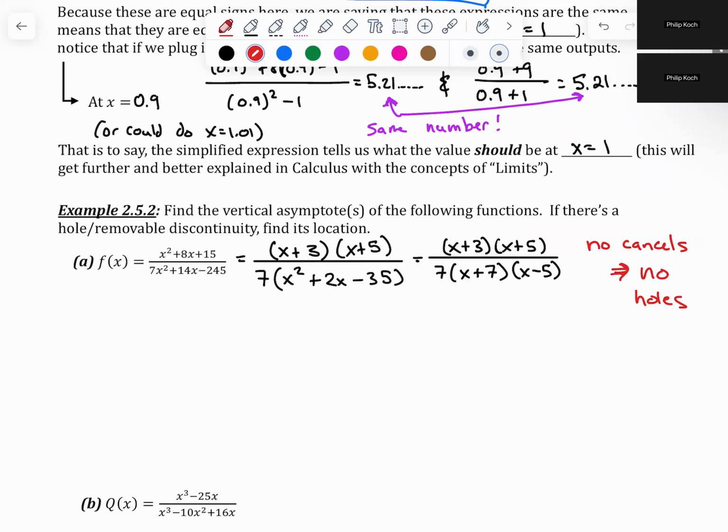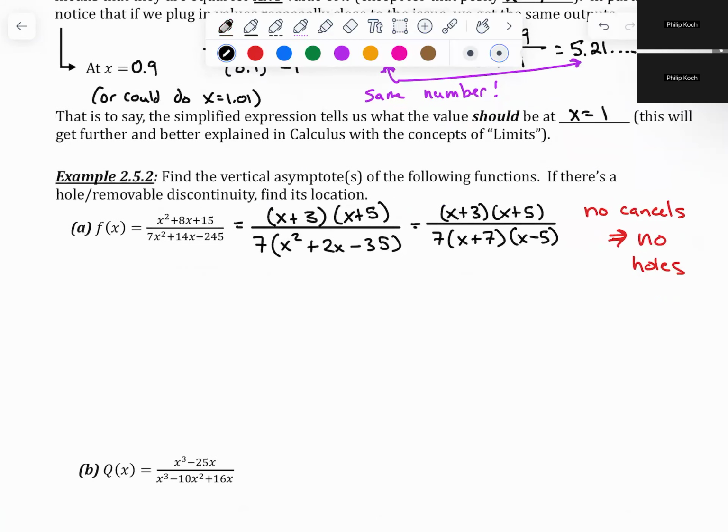Okay, so no cancelizations, so no holes. So this will just have VAs. The VAs where the new denominator equals 0. That's why I said new in quotation marks, because this new denominator is the old denominator. There's nothing new about it, but sometimes it becomes new.